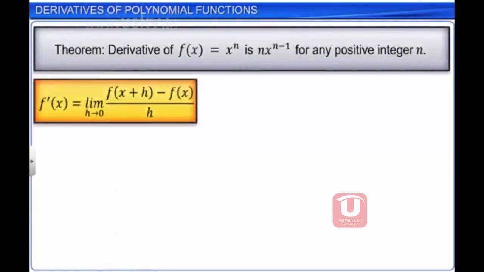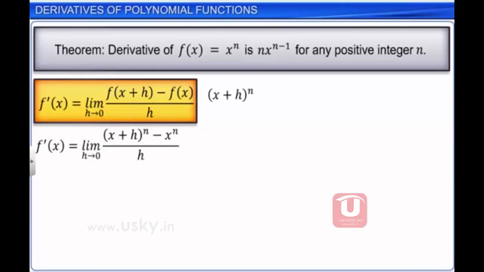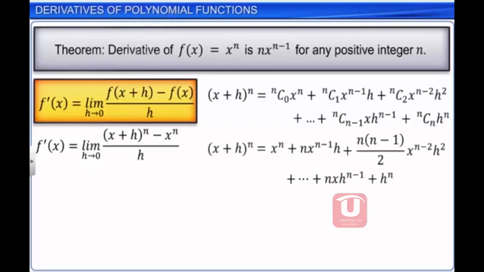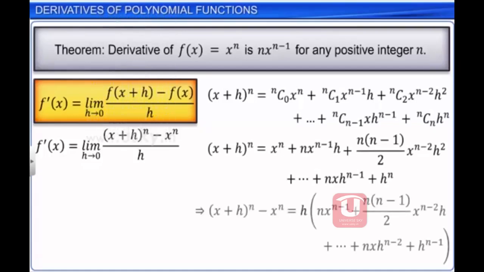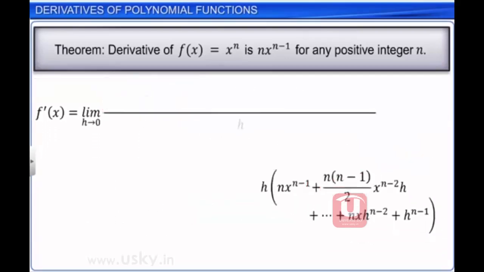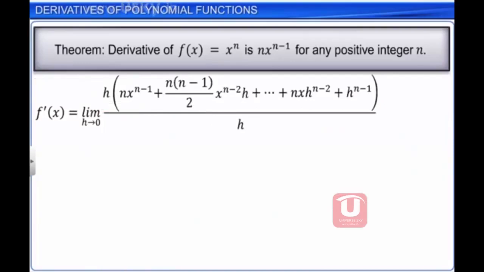We will find the derivative of this function using the first principle. From the binomial theorem, x plus h whole raised to the power of n can be represented as shown. Therefore, the numerator can be represented as shown. Now, we use this in the derivative formula for f of x.